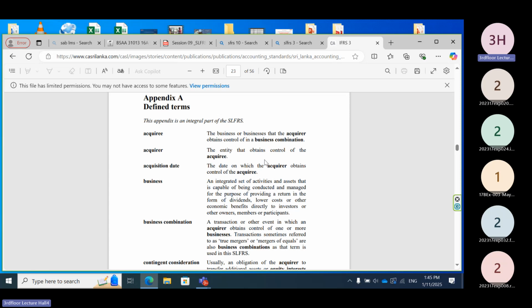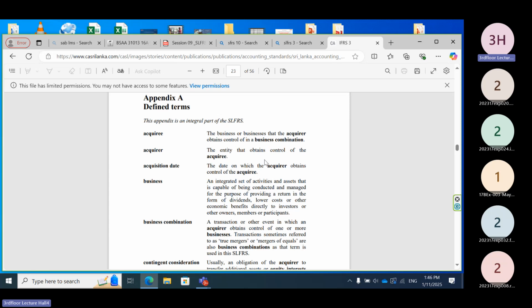Once you are doing this consolidation, acquisition dates may be different, like I explained last week. Your acquisition date may lie in different periods of time, different dates.